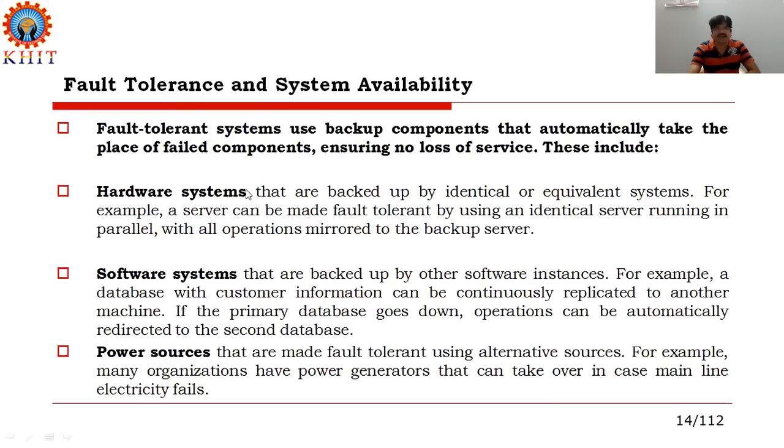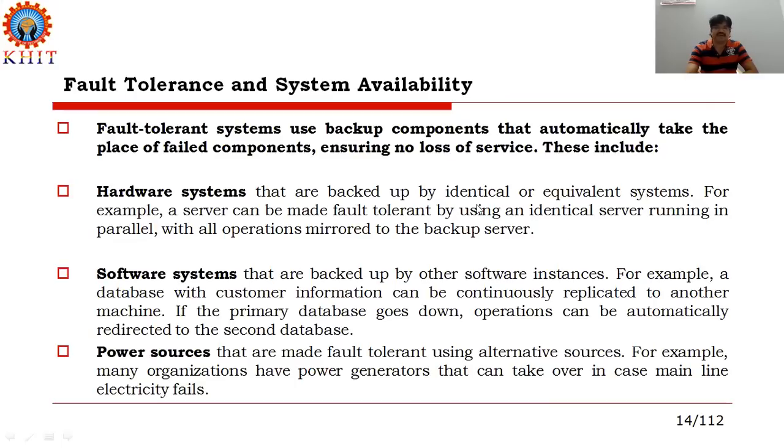When a hardware component or hardware system fails over the network, which is interconnected to the internet, the traffic over that hardware system will automatically divert to an identical or equivalent system. For example, a server can be made fault tolerant by using an identical server running in parallel, with all operations mirrored to the backup server.